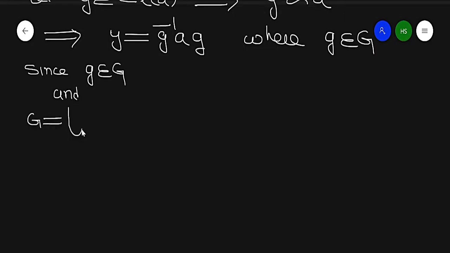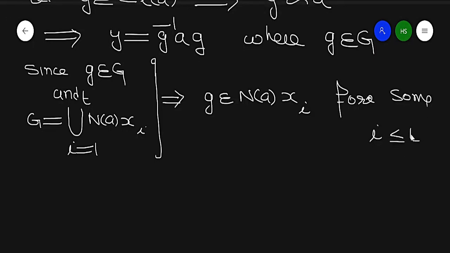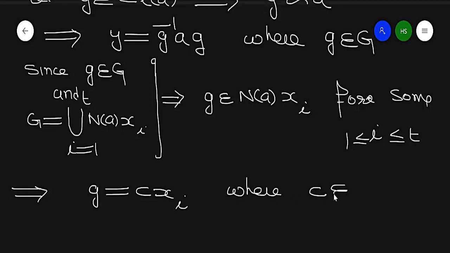G is a union of the cosets N(A)x_i, where i runs from 1 to T. Then it implies g belongs to one of these cosets. So g belongs to N(A)x_i for some i between 1 and T. It means g is of the kind c x_i, where c belongs to the normalizer of A.